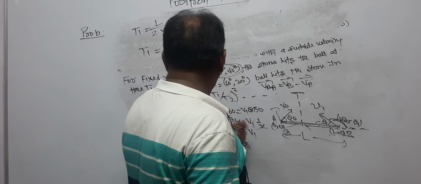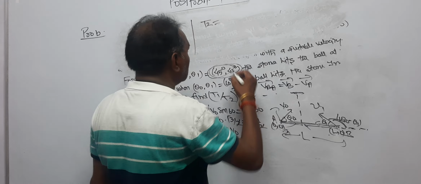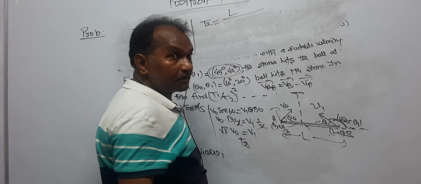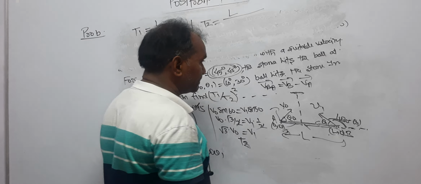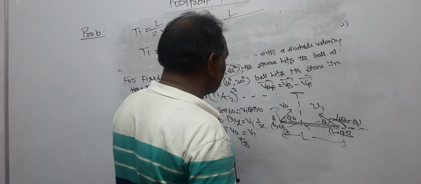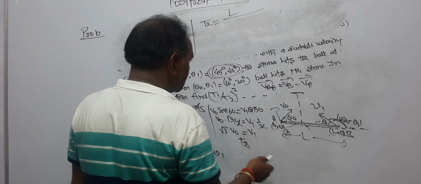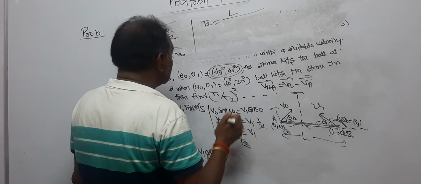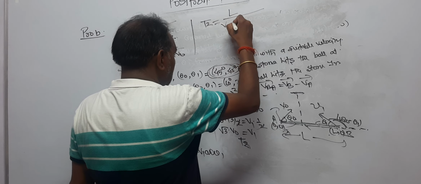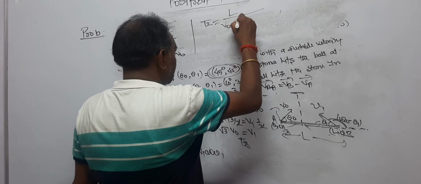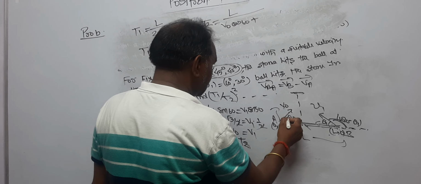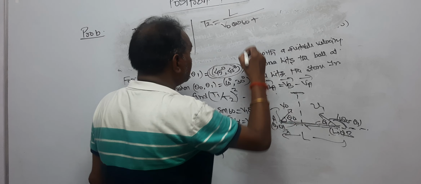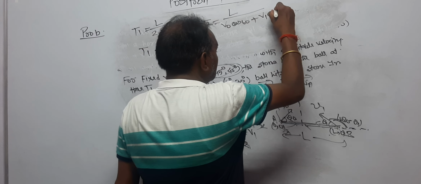Again I am repeating, T2 is equal to the horizontal distance upon the horizontal relative velocity of B with respect to A, which is going to be V naught cos 60 plus V1 cos 30.